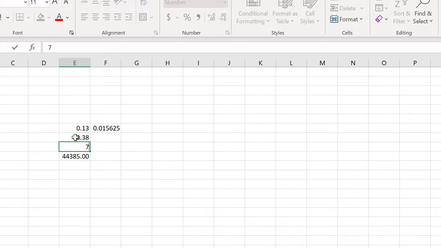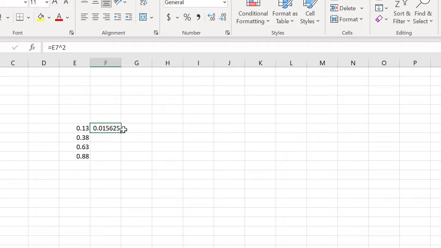Three-eighths, 5/8, and 7/8. And then we'll drag down the formula.